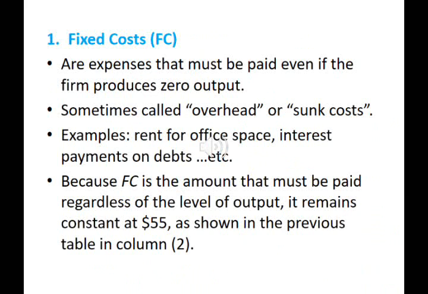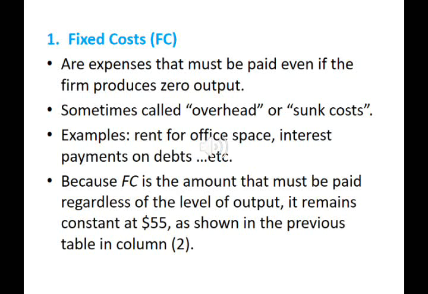We will start with the first component of the total cost, which is the fixed costs. What are fixed costs? From its name, these are costs that are fixed. These are costs that must be paid even if the firm produces zero output.